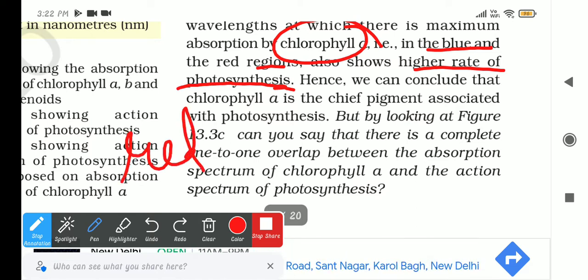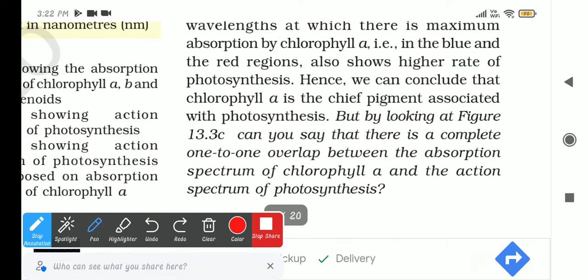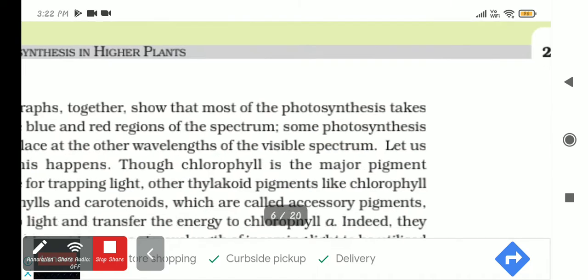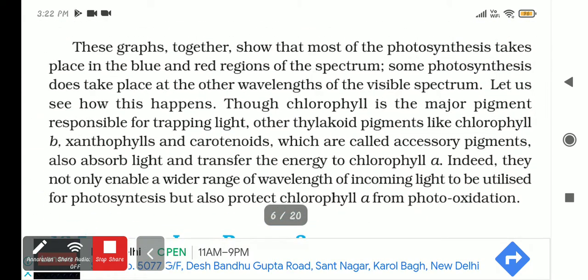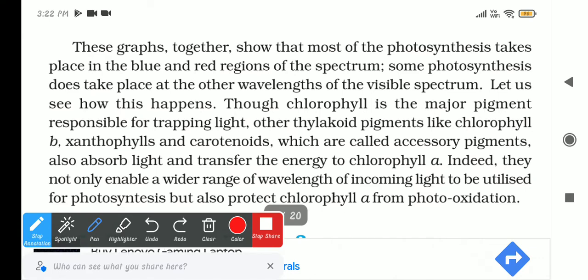Red and blue region. Next page. These graphs together show that most of the photosynthesis takes place in the blue and red region of the spectrum. Little photosynthesis takes place at other wavelengths of the visible spectrum.